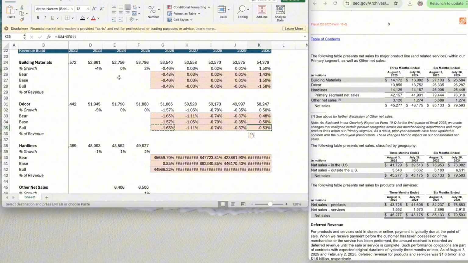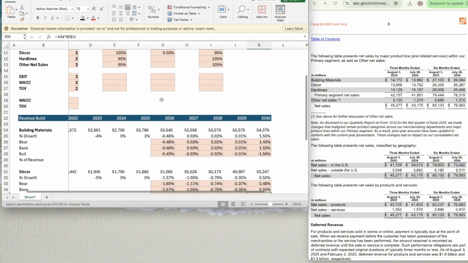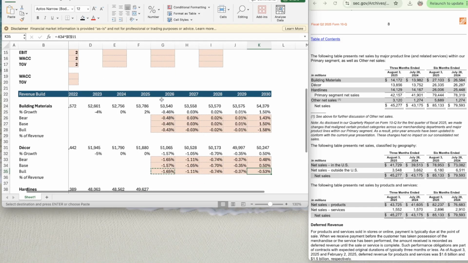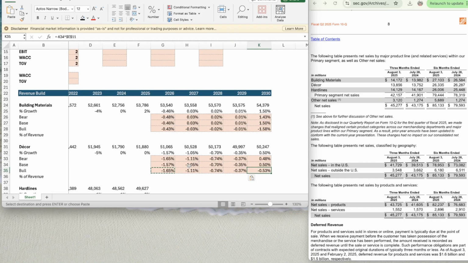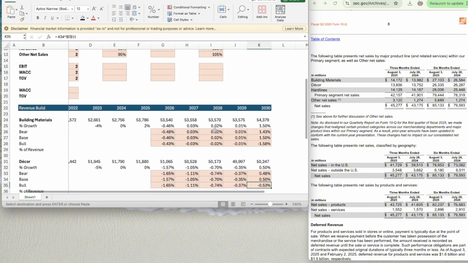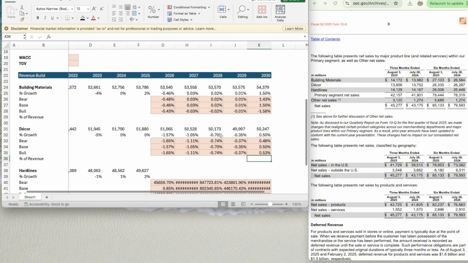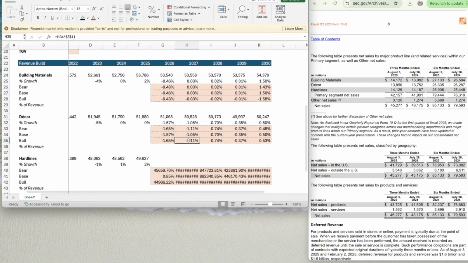But why is this negative? This should not be negative. Equals multiplied by, yeah, that's better, label 11.